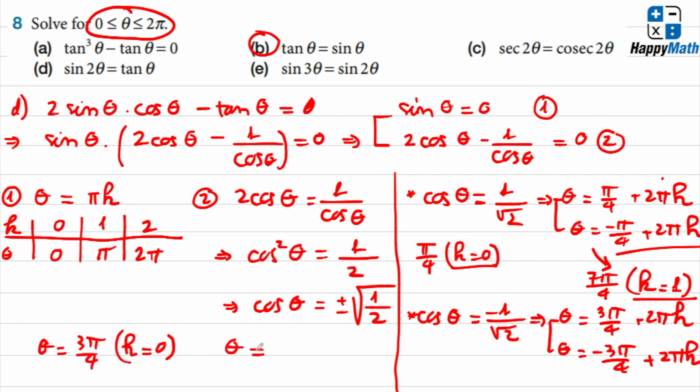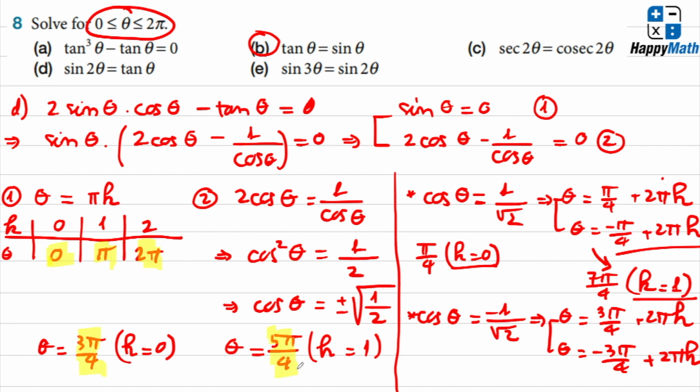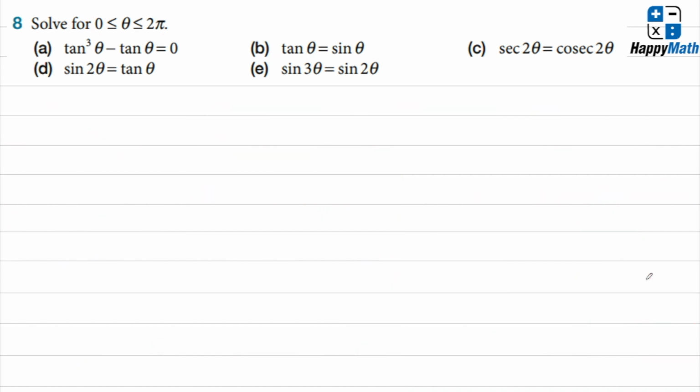For the second, you have k equal to 1, giving 5 pi over 4. So how many solutions do you have here? 1, 2, 3, 4, 5, 6, and 7 solutions. Yes, 7 solutions.